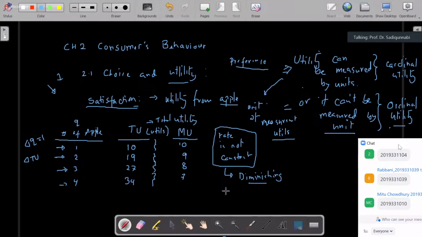That means marginal utility is diminishing. Diminishing marginal utility.